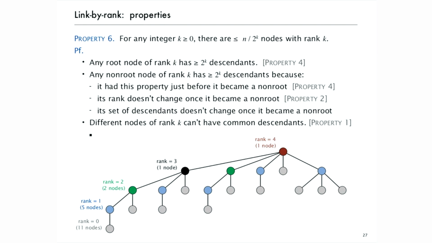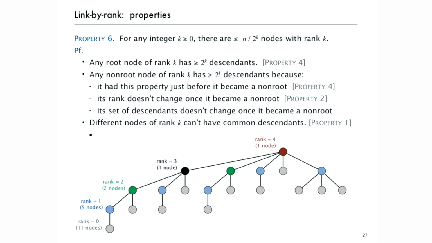So for every rank k node, I am able to associate 2 power k nodes such that these sets are pairwise disjoint, so that if I sum them up, they are less than or equal to n. If they intersected, I could not say they are upper bounded by n, and I would have to take care of their intersection and how large it is. The basic thing to remember is that they cannot be descendants. Look at a path with rank 2, rank 3, rank 4.